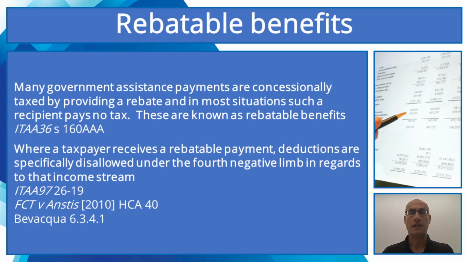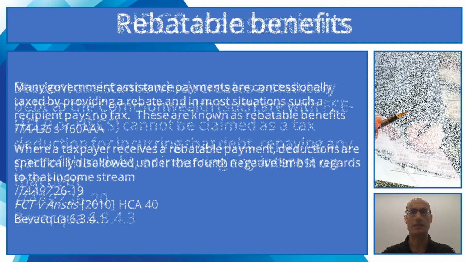And she argued that expenditure incurred in regards to deriving that particular income ought to be deductible. And she went to the High Court, she actually won, and thus 26-19 was put in to make it expressly clear that you cannot get deductions when you are the recipient of these government payments. You can't double dip, so to speak, in regards to these amounts.